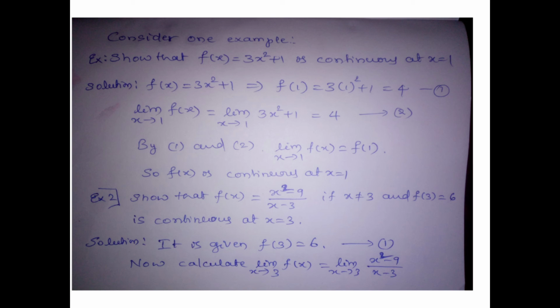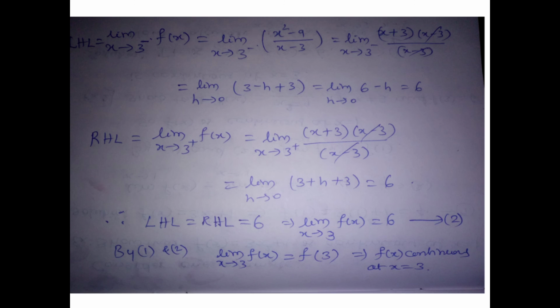Now we will calculate the limit of the function. Here we will calculate both the left hand limit and right hand limit. First we consider the left hand limit, limit x tending to 3 minus of f(x), which is equal to limit h tending to 0, where we replace x by 3 minus h in f(x).